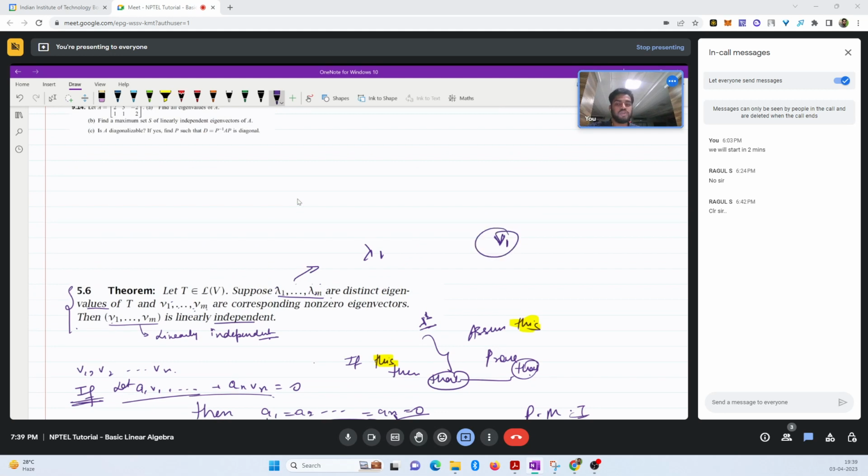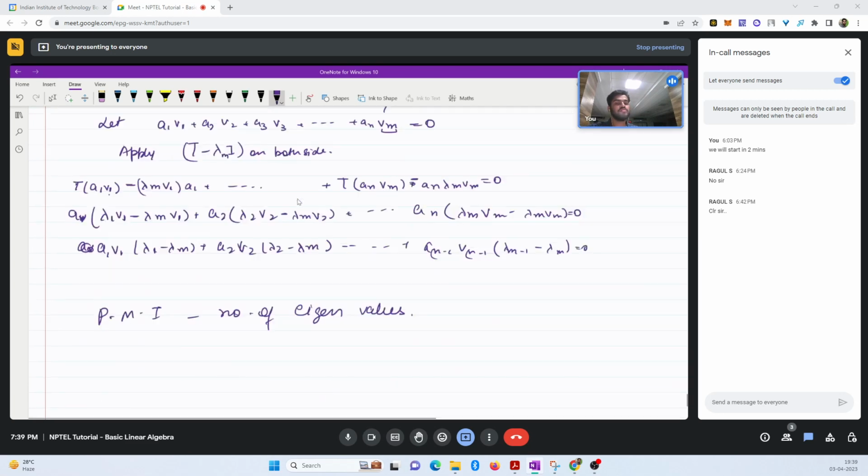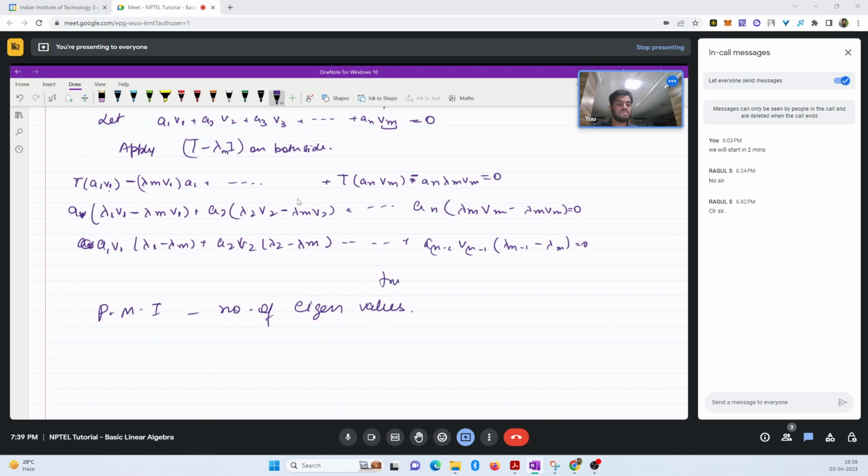Let's denote the number of eigenvalues by k. It is true for k equal to 1. Let's assume that it is true for k equal to m minus 1, and then we prove for k equal to m. This is how you do it in PMI.